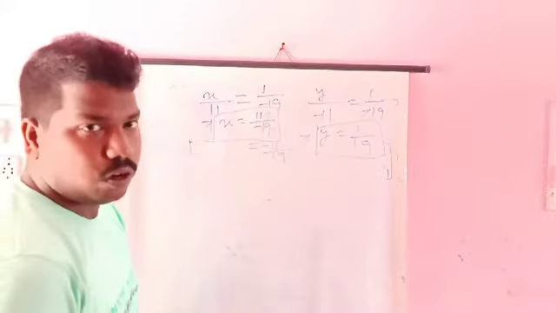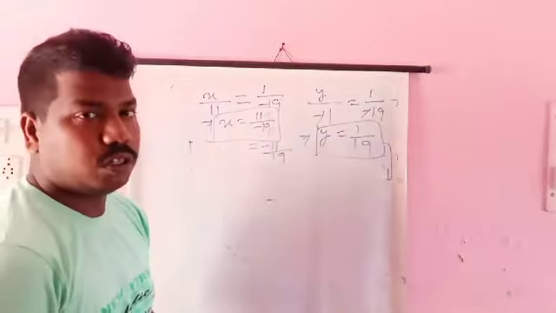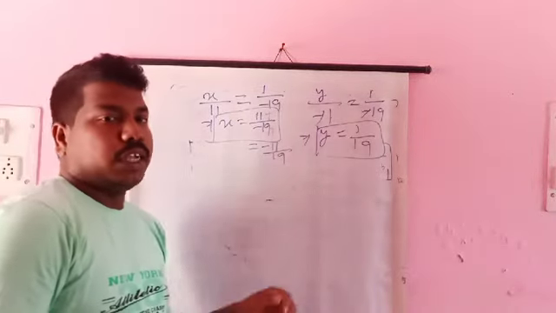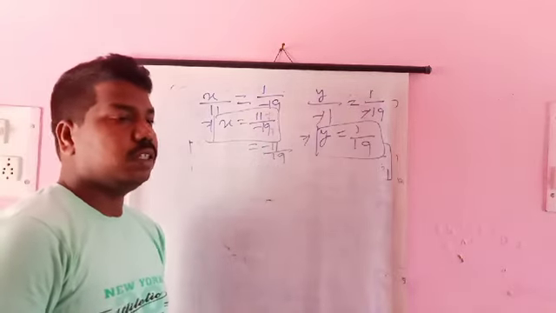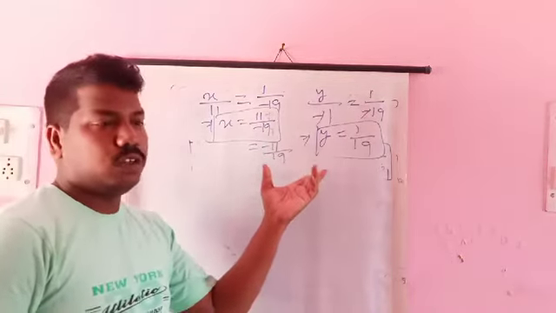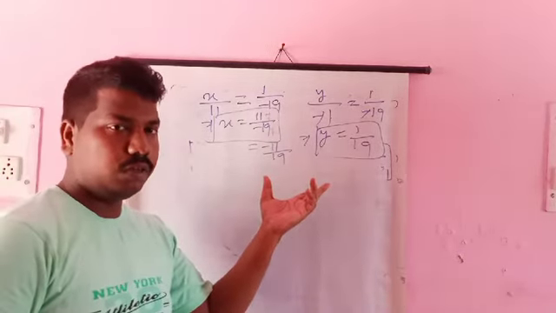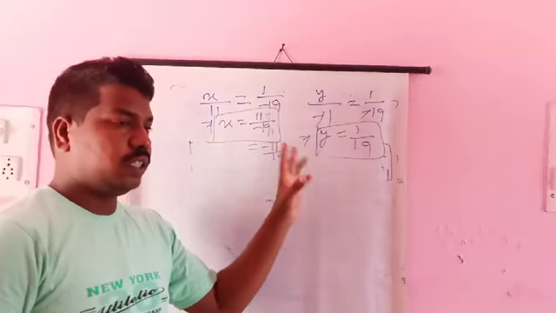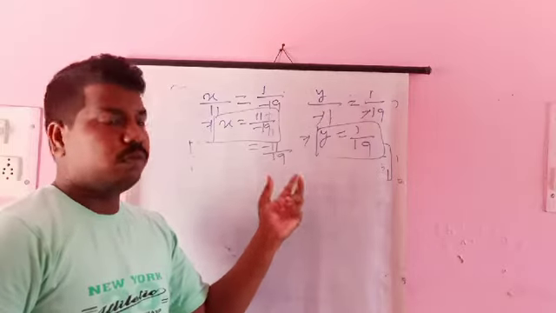In the first class on the graphical method, we drew the table, by taking the variables x and y. In the second part, we discussed what type of solution will arise, unique solution, infinitely many solutions or no solution, and how the straight lines will come.